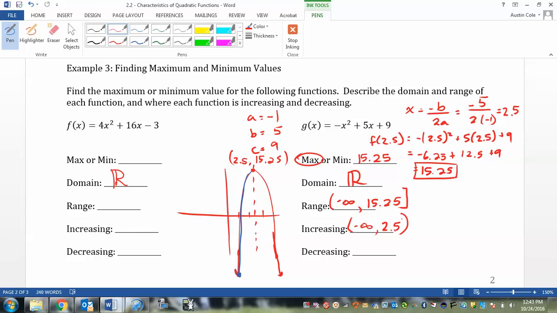Now we are decreasing from, what's our smallest x value that we're decreasing? Yeah, 2.5. Well, Liam, are we including 2.5 though? No, because again, 2.5 is the top of the hill. And we're going to be decreasing until, not negative, but now positive infinity. Because negative infinity is way over there, positive infinity is way over there.